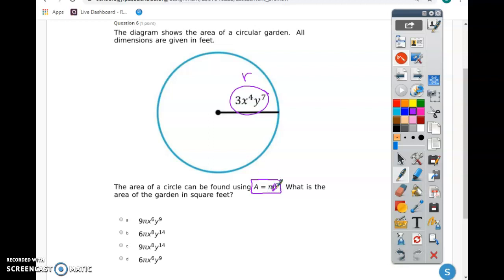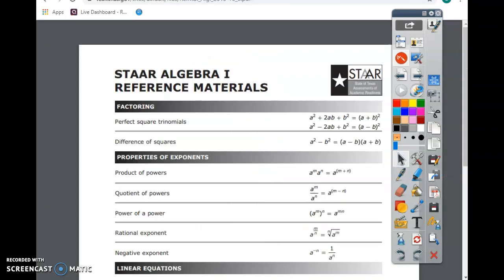So when I rewrite it, cuando lo escribes otra vez, is A equals pi r squared. My R is going to go in here, which is 3x to the 4th power, y to the 7th power. So we're going to have to use the properties of exponents.